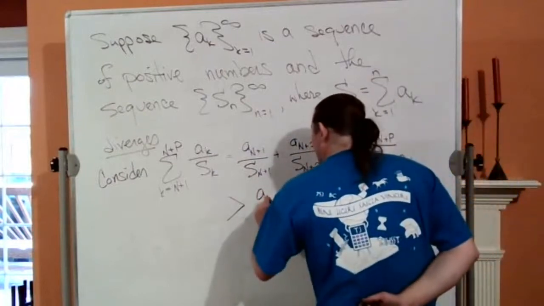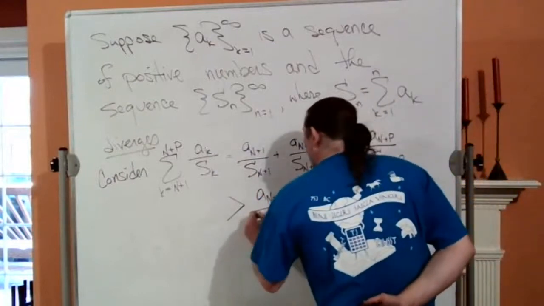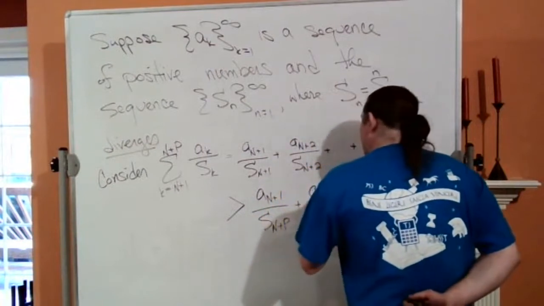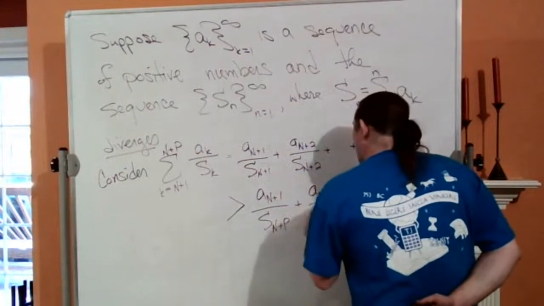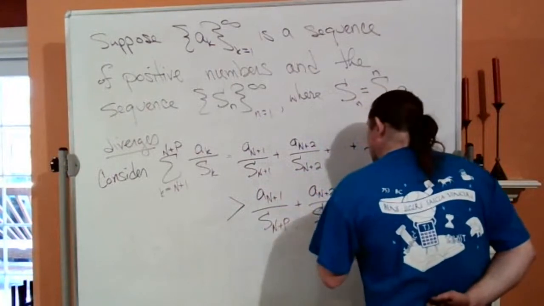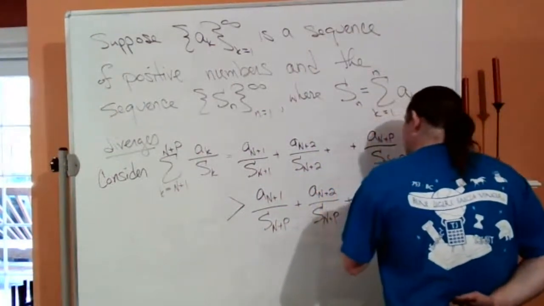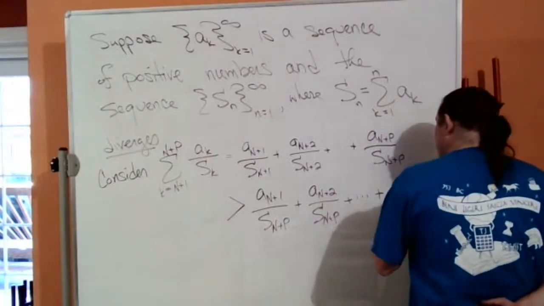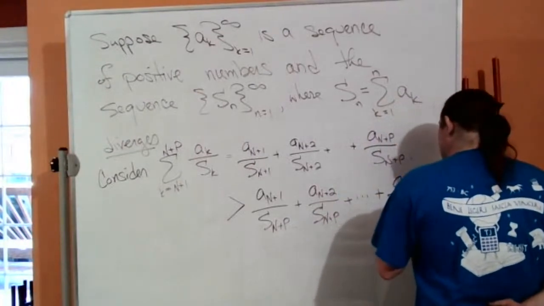So this would be an plus 1 over Sn plus p plus an plus 2 over Sn plus p plus all the way up to an plus p divided by Sn plus p.